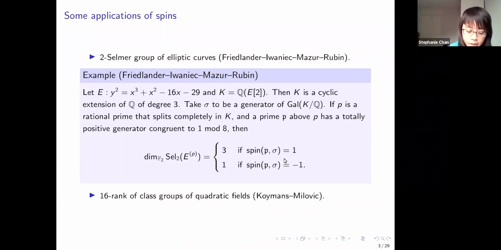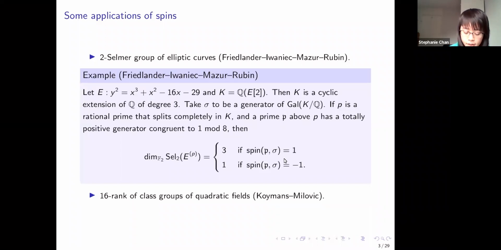Given this particular elliptic curve E, defined by this equation, they show that the dimension of the two-Selmer group of E twisted by P, where P is a rational prime that splits completely in K, where K is Q adjoin all the two-torsion points, and it's assumed that there is a prime ideal above P that has a totally positive generator congruent to 1, 1, A. Then under these assumptions, the two-Selmer rank is either 3 or 1, depending on the sign of the spin P sigma.